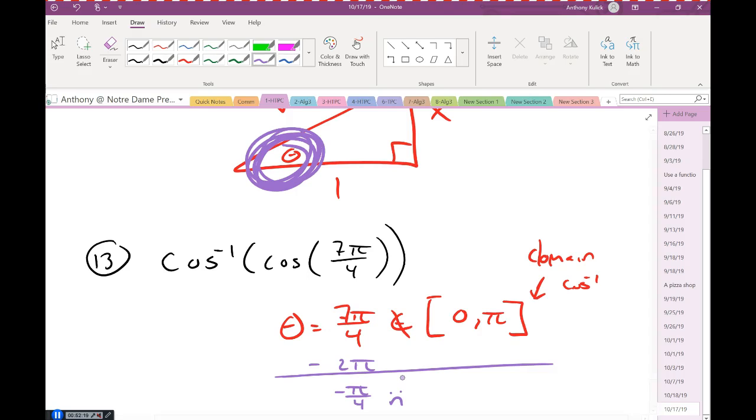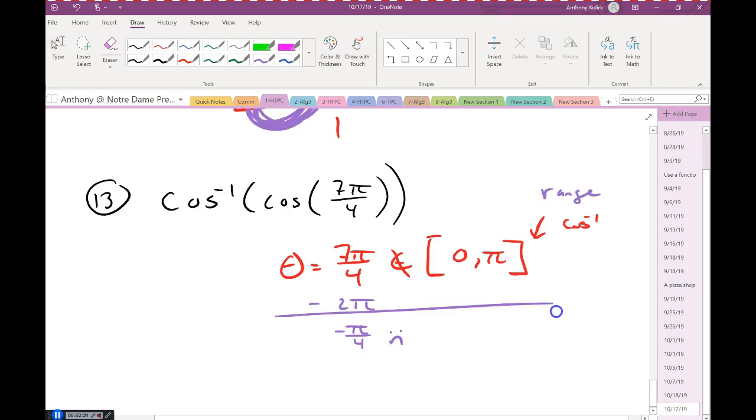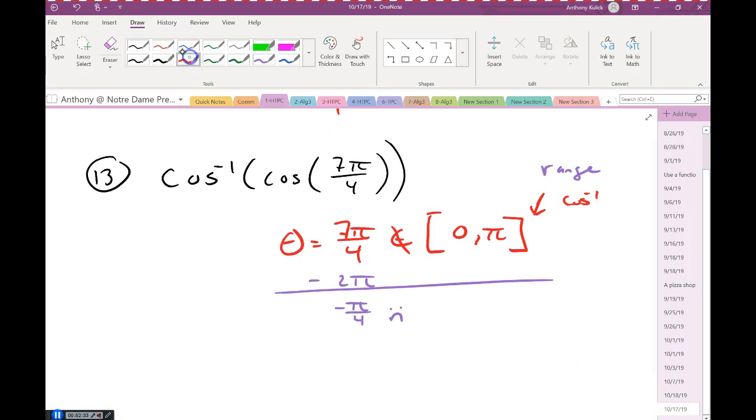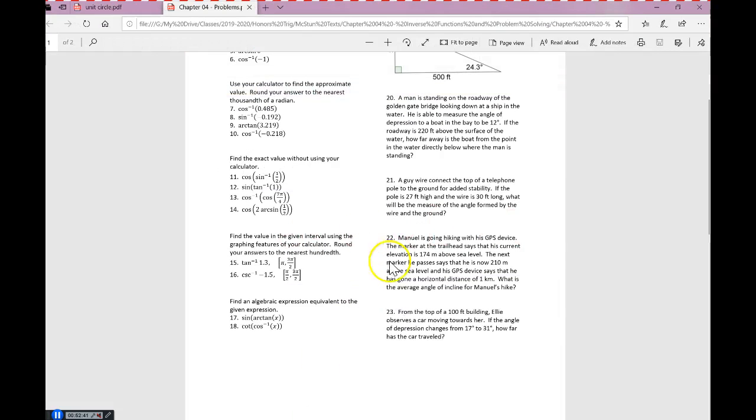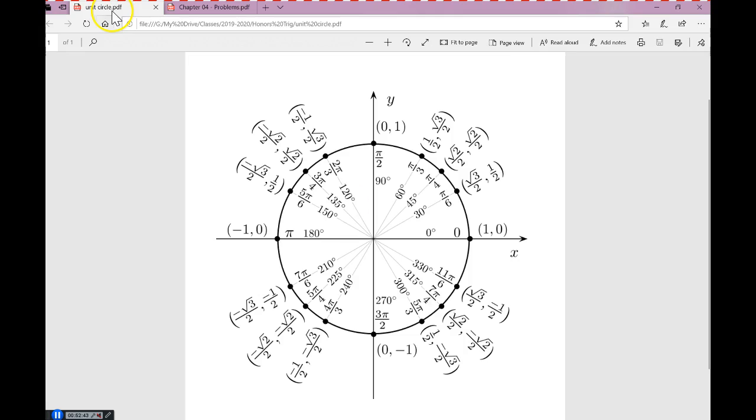Still not inside of the range that I need, right? Sorry, that's range. So what should I do? Well, I'm going to just evaluate cosine of 7 pi over 4 with my unit circle. Cosine of 7 pi over 4 is square root 2 over 2.